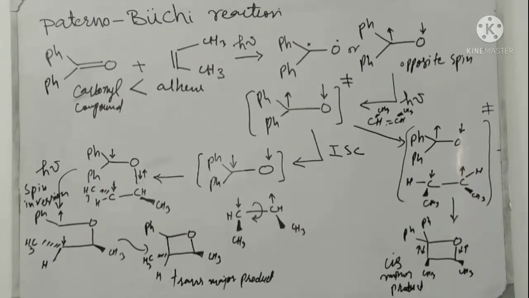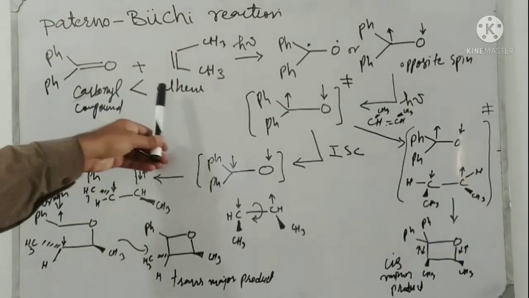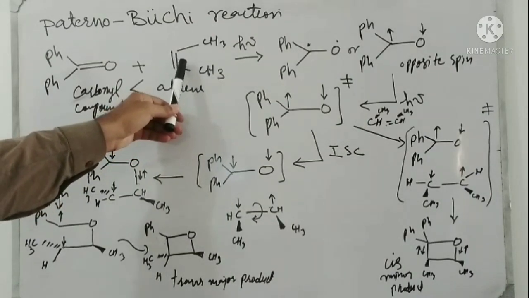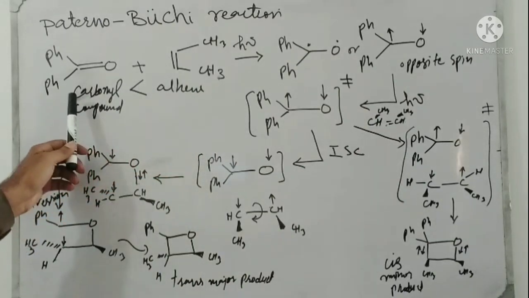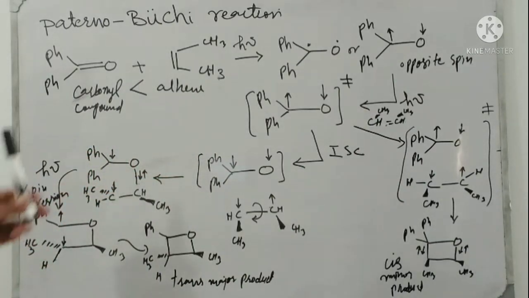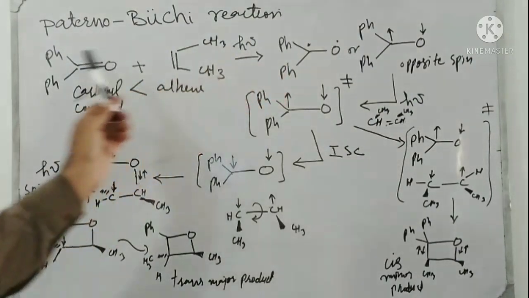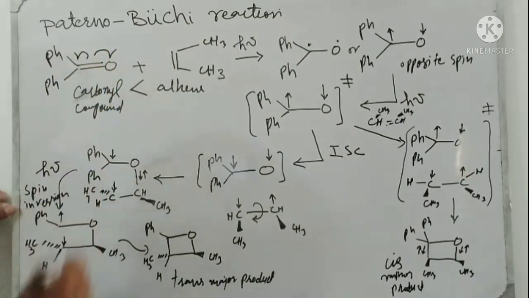As we are discussing the mechanism of this reaction, this is the first case, when the alkene has electron donating groups. This makes the alkene higher in energy. So the alkene energy is high as compared to the carbonyl compound. In the presence of light, this pi bond is cleaved and gives two radicals.